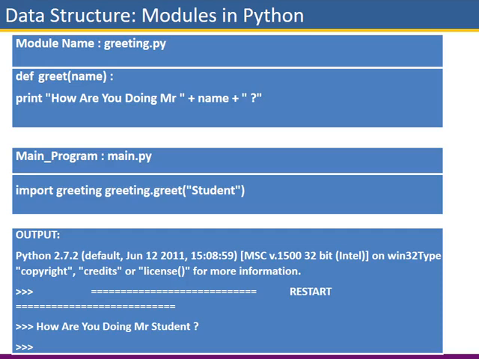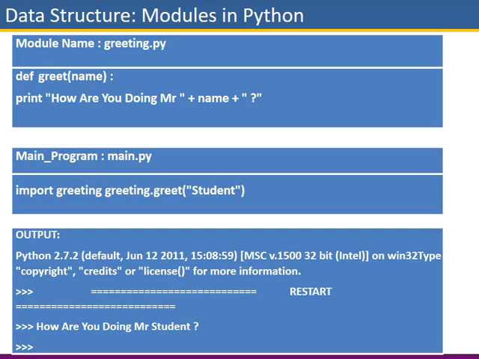And we have another program, which is the main program, main.py. We import greeting, and with dot notation we call the greet function that we imported, and the name is student.